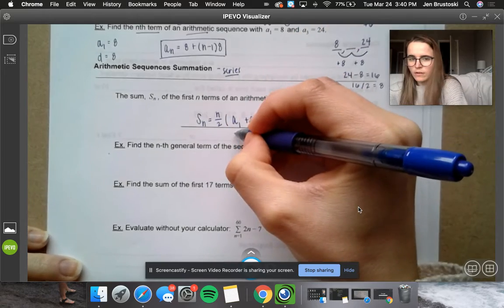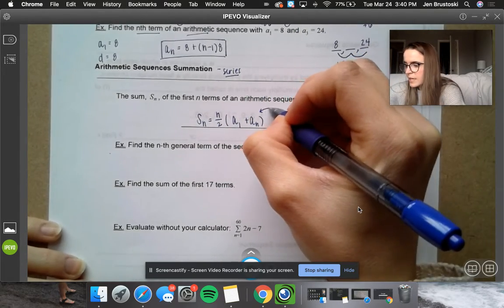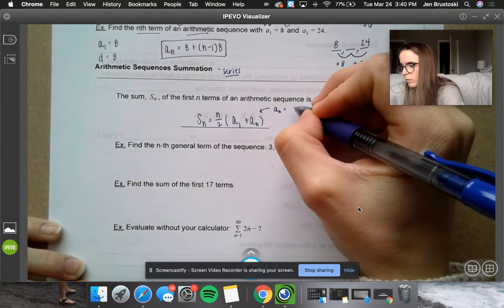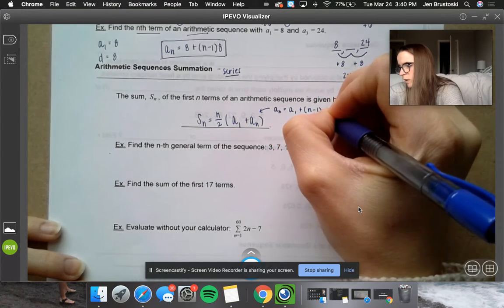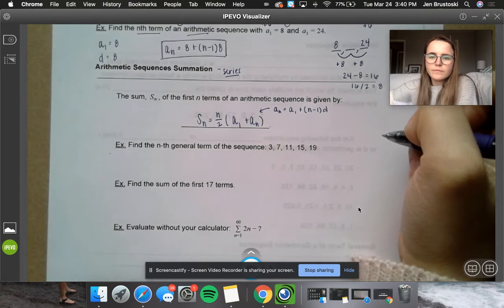So this is going to be our first term and our last term. And our last term is given by this equation, a sub n equals a sub 1 plus n minus 1 times d, which is given to you in the last section.